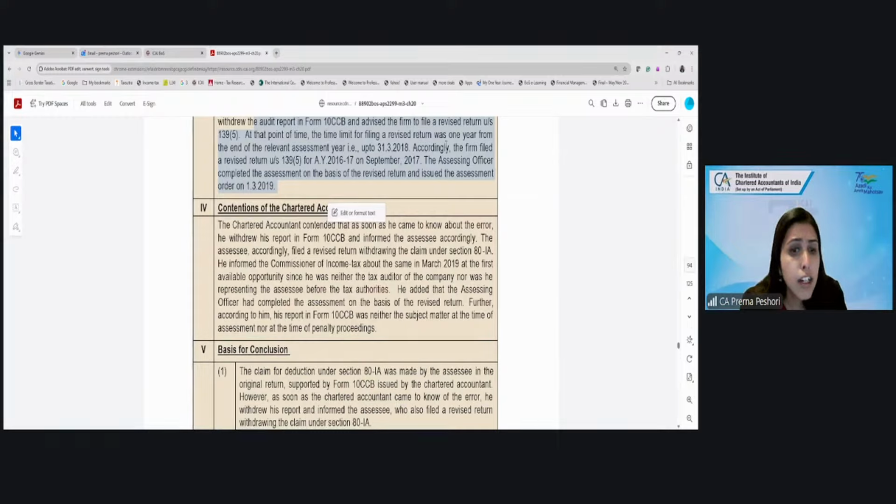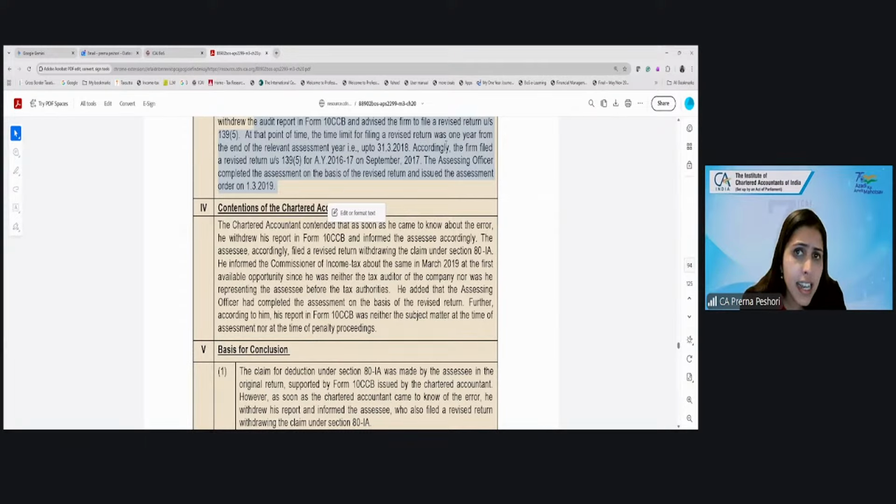So, here if you look at, the claim was made by the assessee in the original return as per 10CCB. Then the CA advised them that there is an error and they withdrew the report and also the assessee revised it.